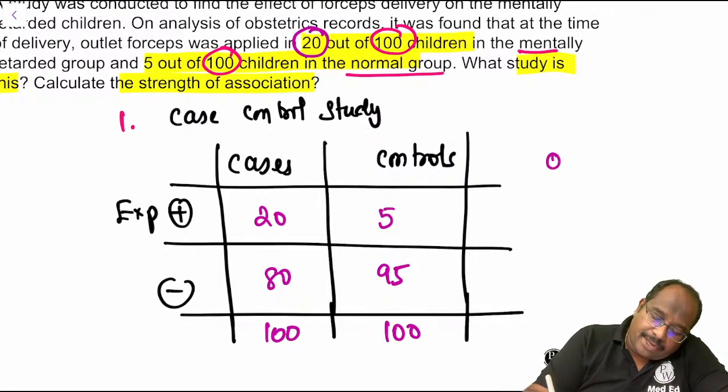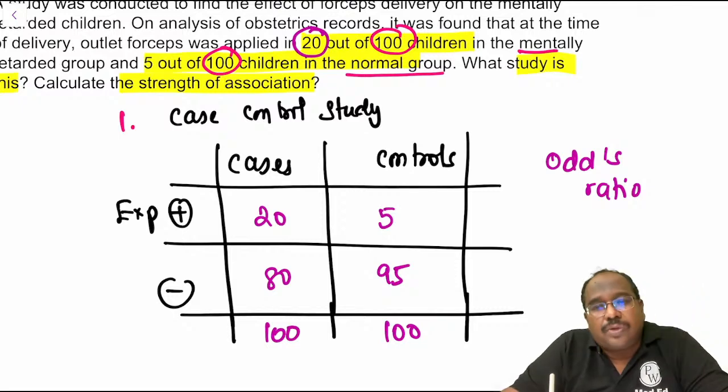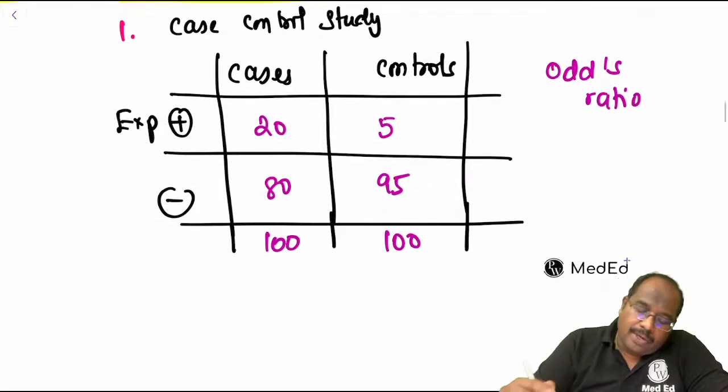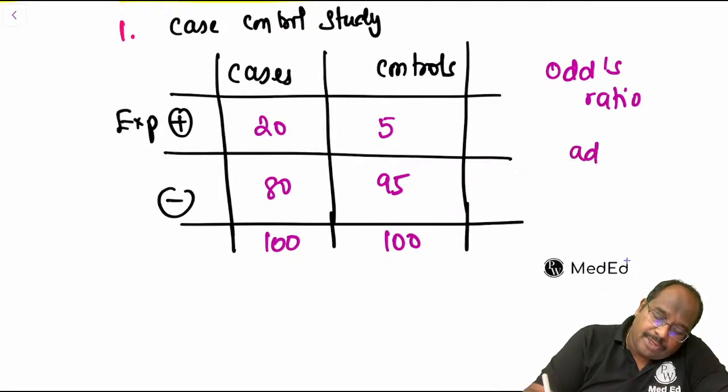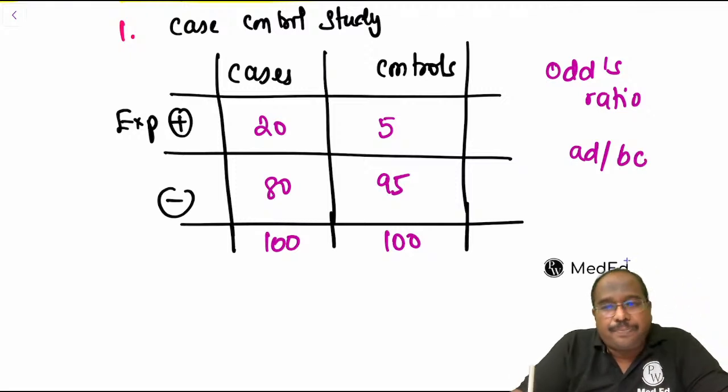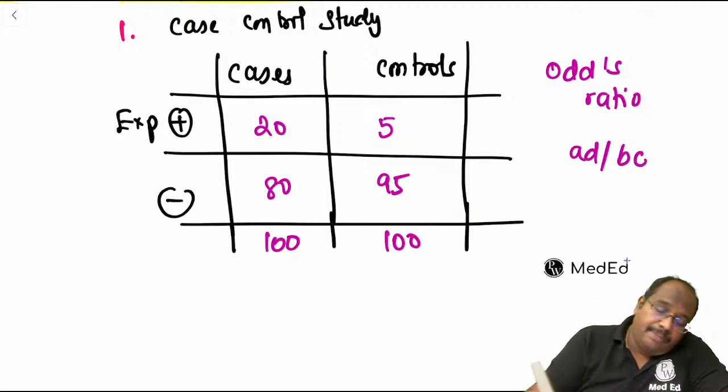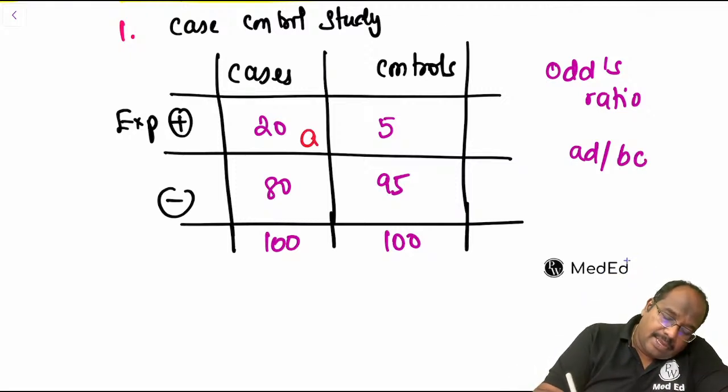What you can find in a case control study is the odds ratio. What is the formula for odds ratio? The formula is AD by BC. A, B, C, D comes in sideways, guys.